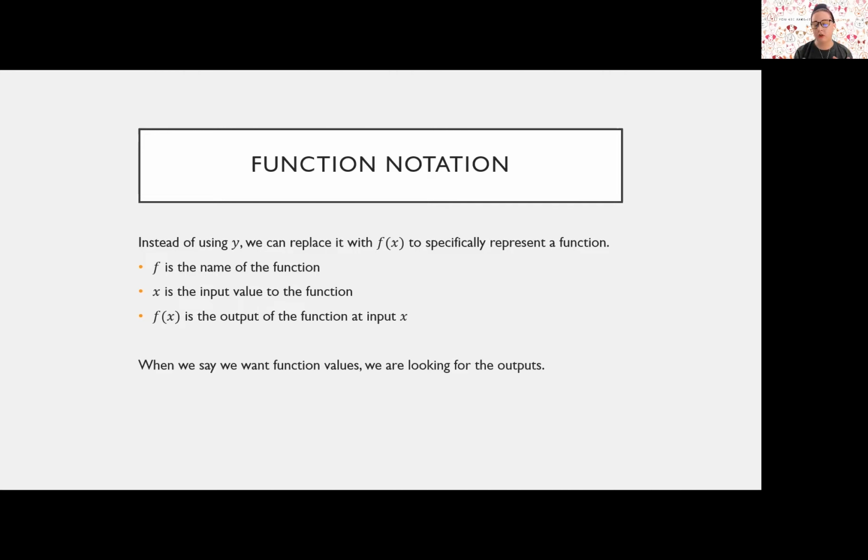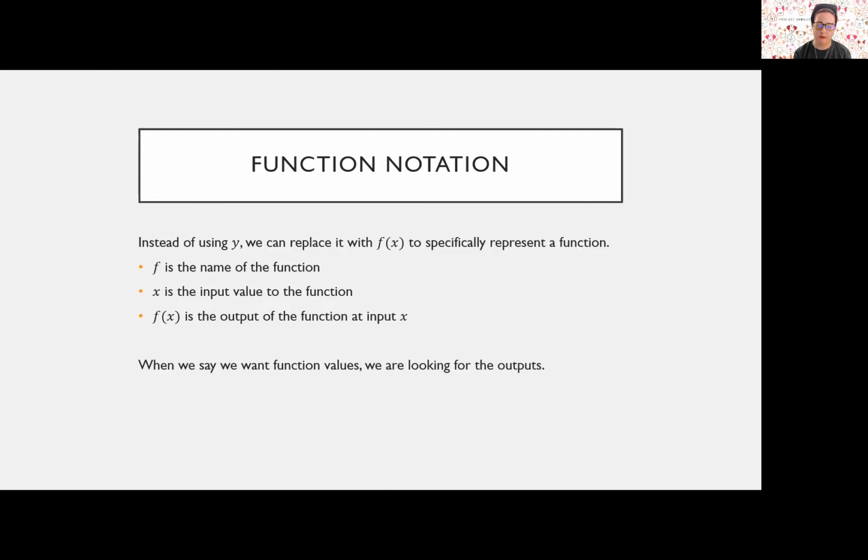So function notation we use specifically when we have functions. It basically means instead of using y, we use f of x. That's how we read f parenthesis x parenthesis, f of x.